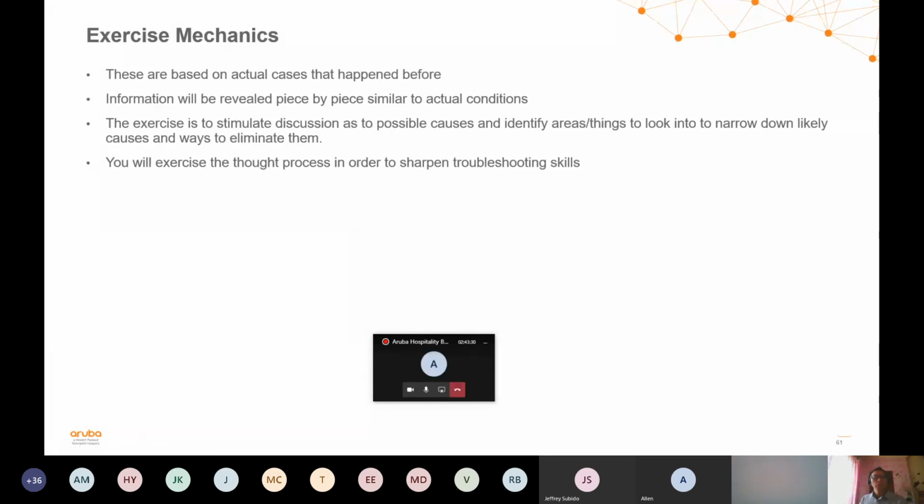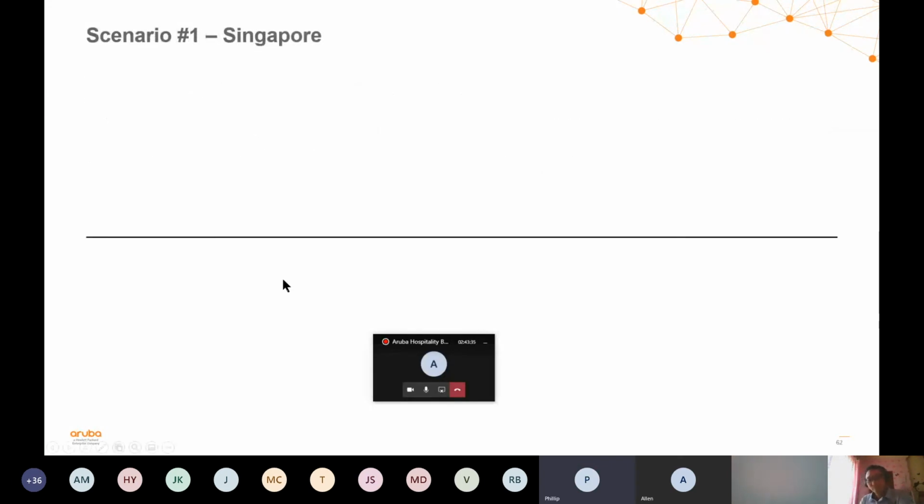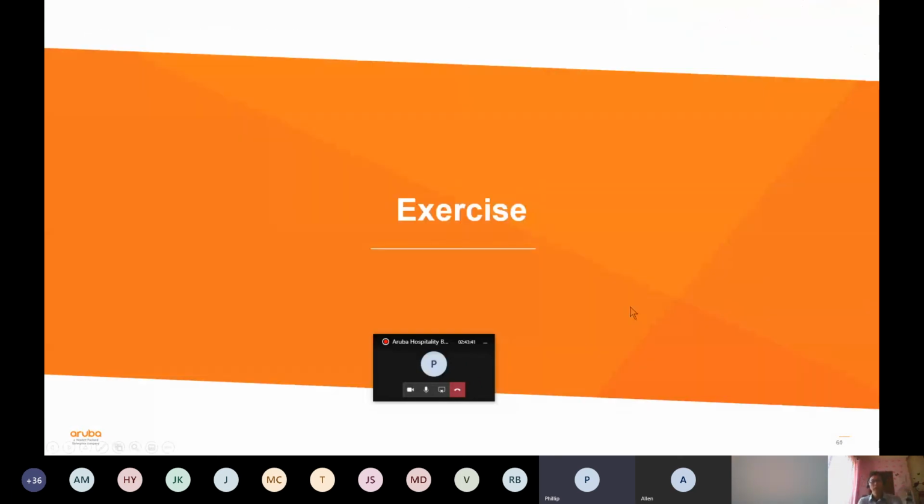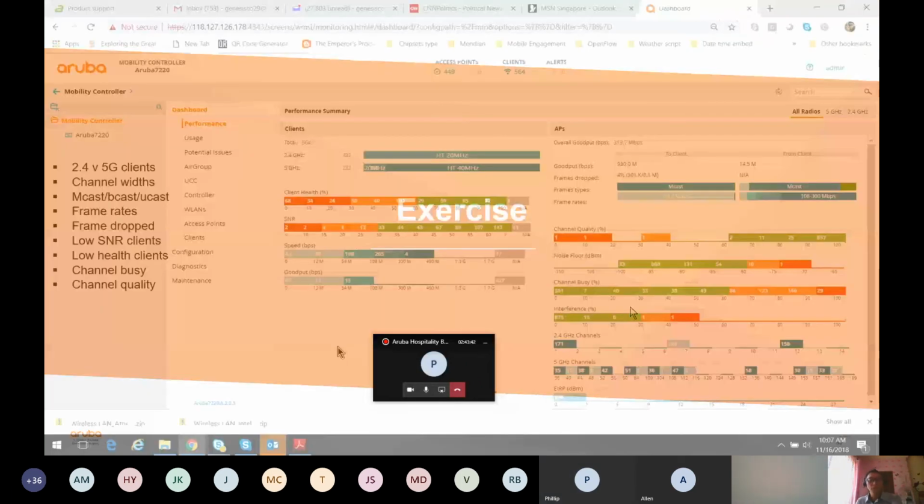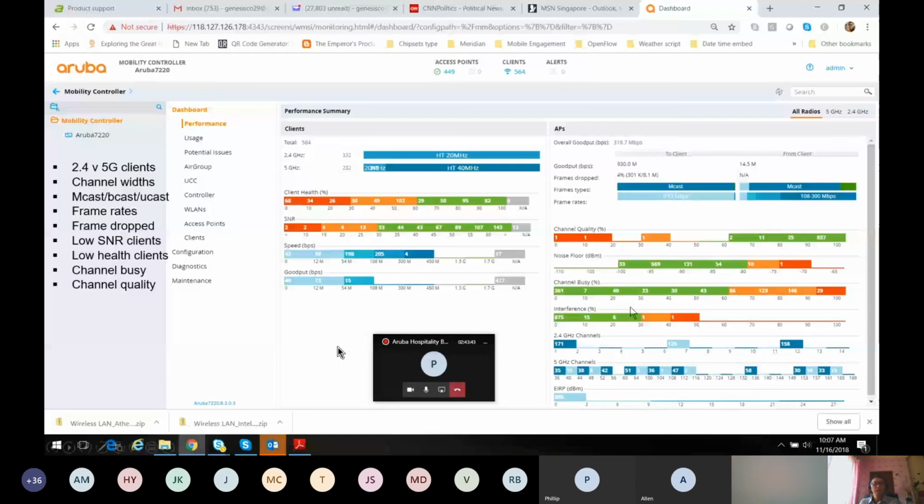Question: where do we see these stats or information on Aruba Central? Okay, so Aruba Central is slightly different. I don't have the screenshots for this on a slide like this. I have screenshots, but I've not put them on a slide.